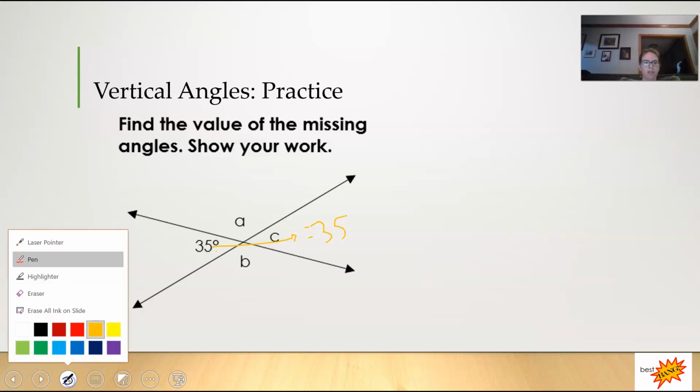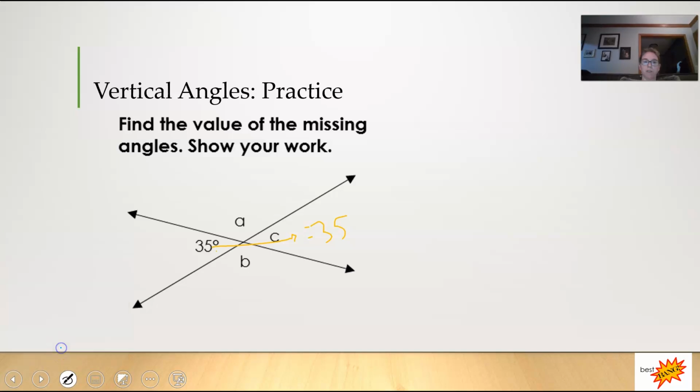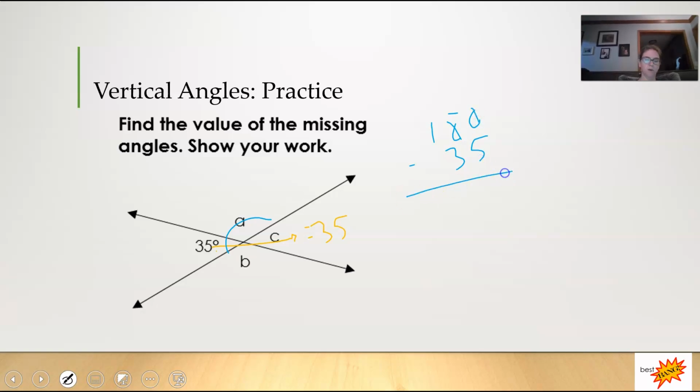Then, if we think about what we know about supplementary or straight angles, we would know that these two angles are going to equal 180. So 180 minus 35 is, of course, going to give us 145. So then we could learn that A is 145.